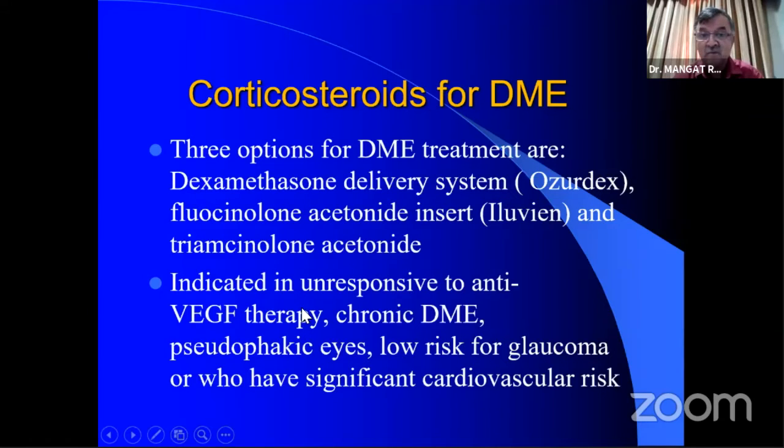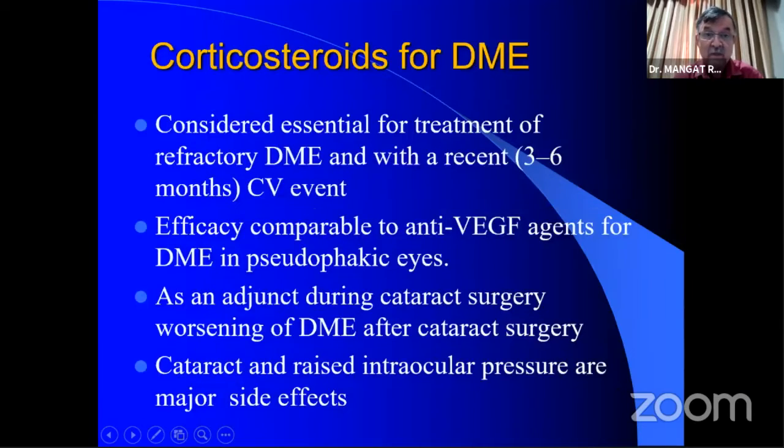So corticosteroids: we have Ozurdex, Iluvien we don't have, we have triamcinolone, and they are indicated in DME unresponsive to anti-VEGF or chronic DME. In pseudophakic eyes especially, we can be more liberal, and in those patients who have a low risk of glaucoma or who have a significant cardiovascular risk, we can use it.